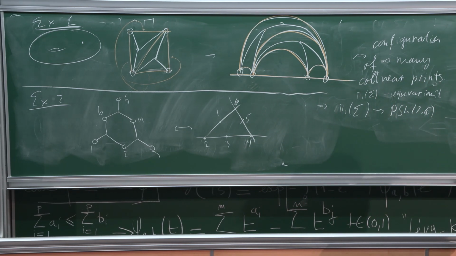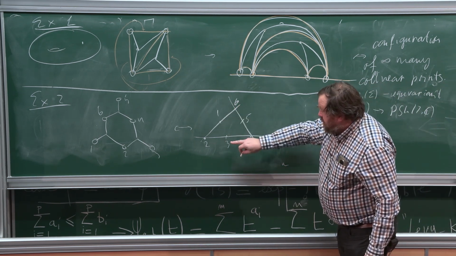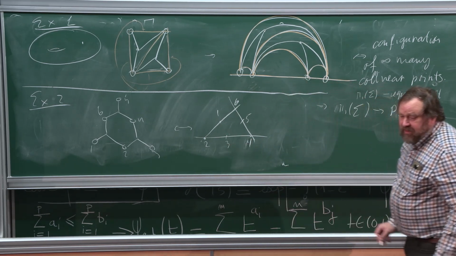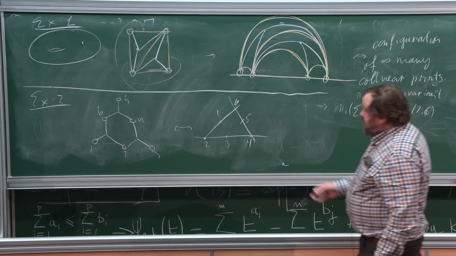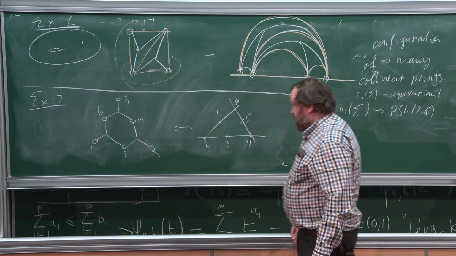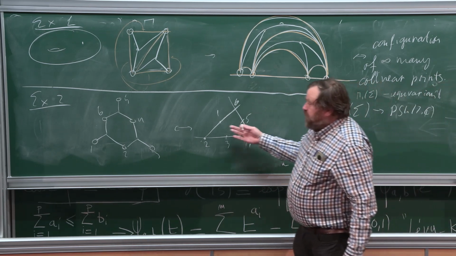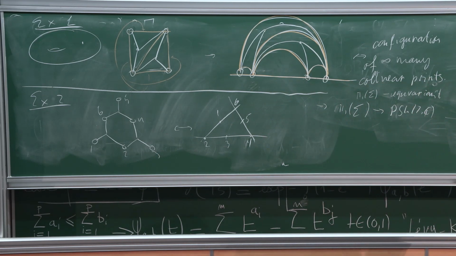So it's a configuration of points on a projective plane now. It's something two-dimensional, but the space of configurations is also one-dimensional. And the coordinates on that will be the monodromy around this hexagon. So the dimension of the space of configurations is equal to the homology of the original graph.